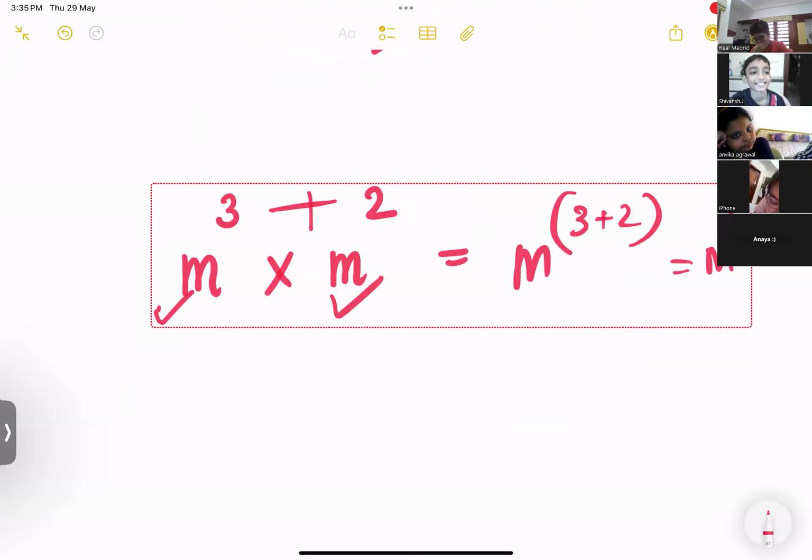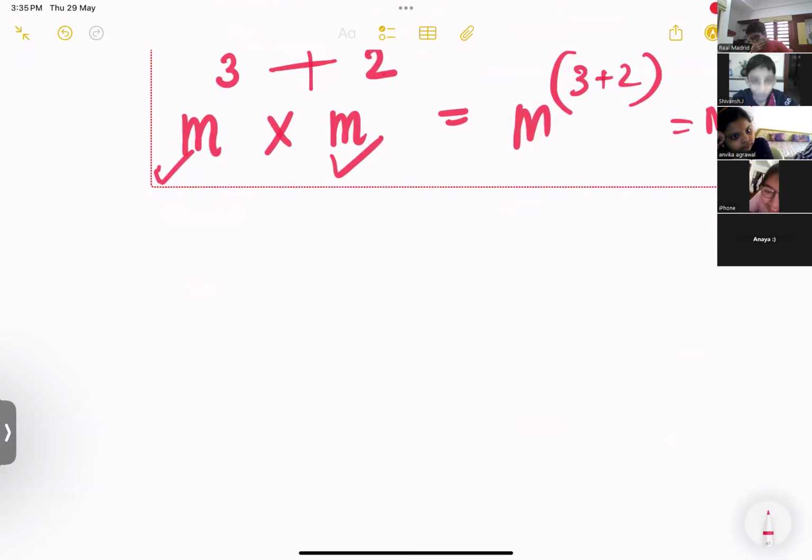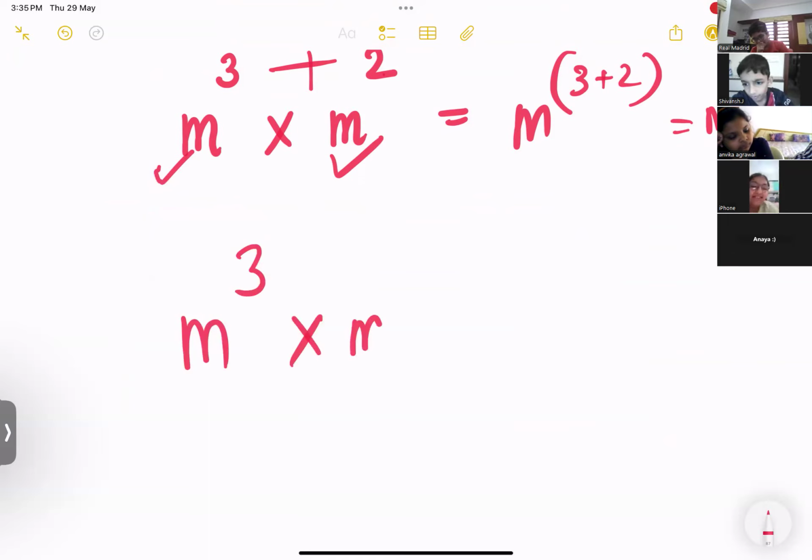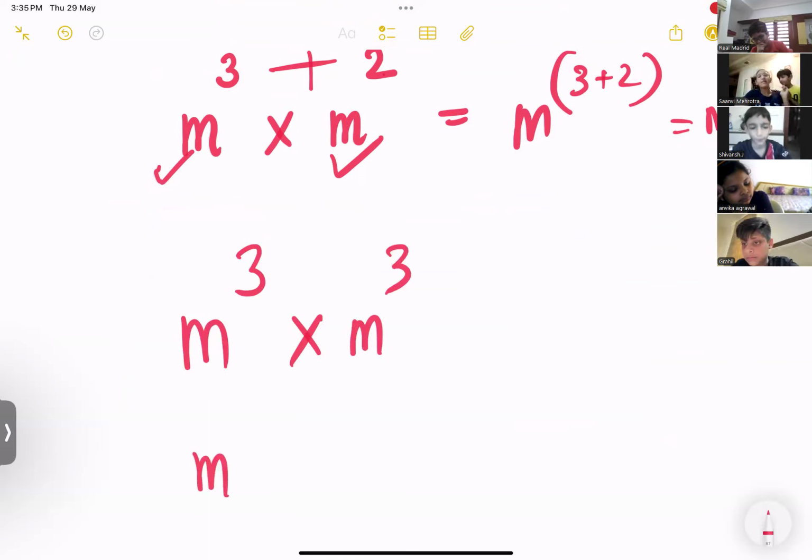Coming back to my question: m to the power of 3 times m to the power of 3, and m to the power of 2 plus m to the power of 2.